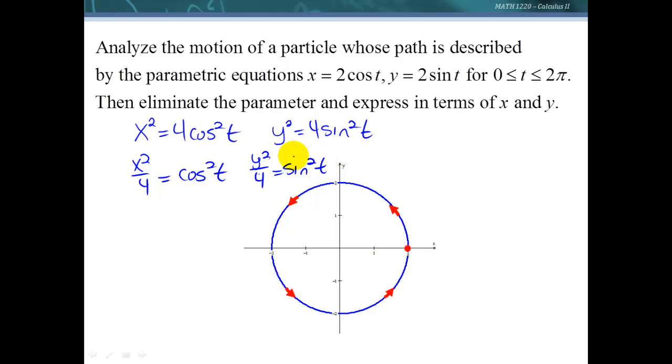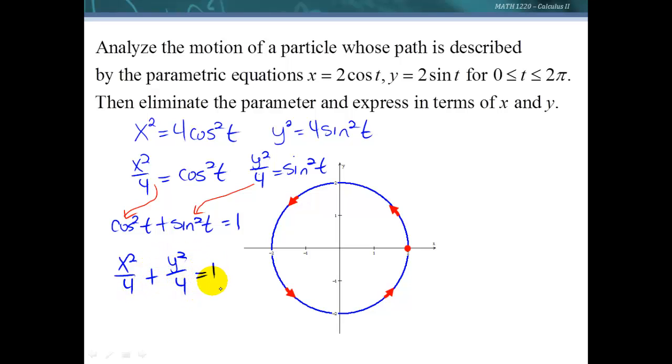Now I'm going to substitute these in my favorite trig identity, which is cosine squared t plus sine squared t equals 1. So let's go ahead and do the substitution, and we will have x squared over 4 plus y squared over 4 equals 1.